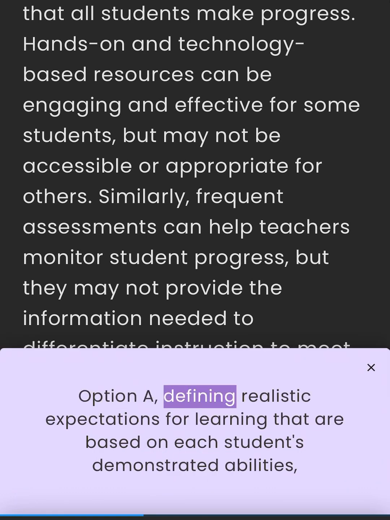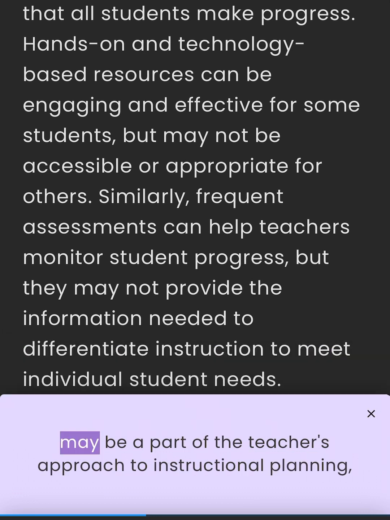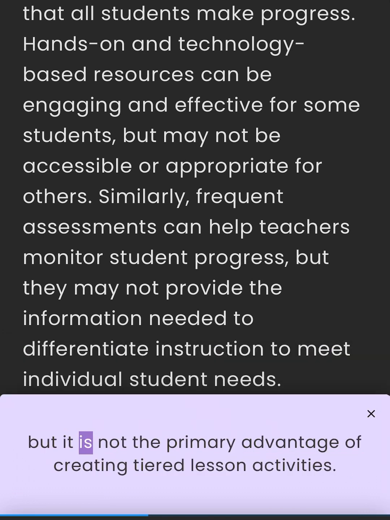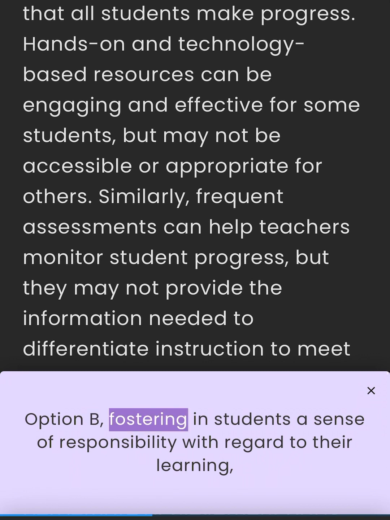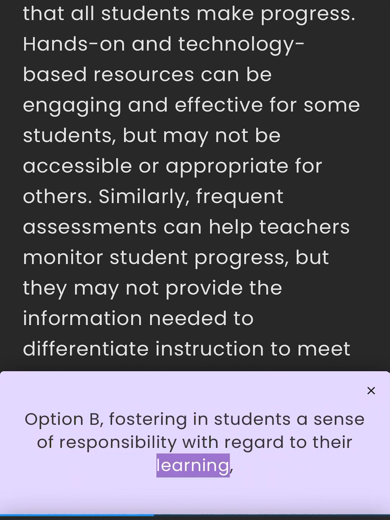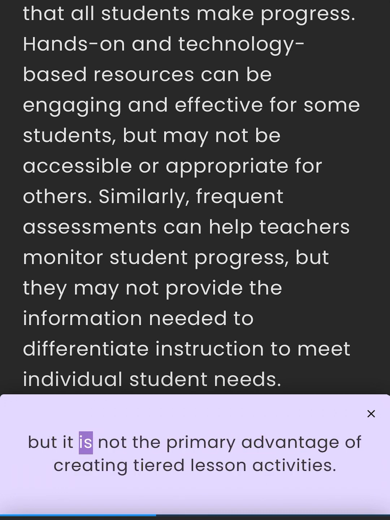Option A. Defining realistic expectations for learning that are based on each student's demonstrated abilities may be a part of the teacher's approach to instructional planning, but it is not the primary advantage of creating tiered lesson activities. Option B. Fostering in students a sense of responsibility with regard to their learning may also be a goal of the teacher's instructional approach, but it is not the primary advantage of creating tiered lesson activities.